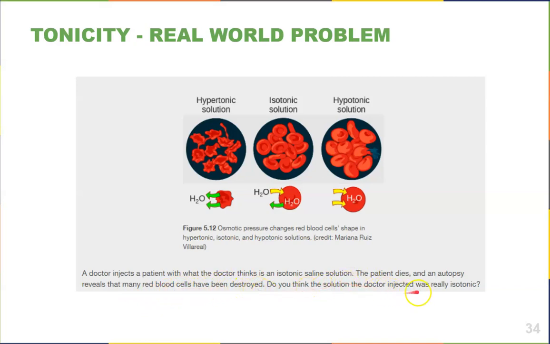Do you think the doctor injected an isotonic solution? The doctor did not inject an isotonic solution if the blood cells were destroyed. So what do you think it was? It was actually a hypotonic solution, which caused the cells to take up too much water too fast, and it caused them to burst and be destroyed.